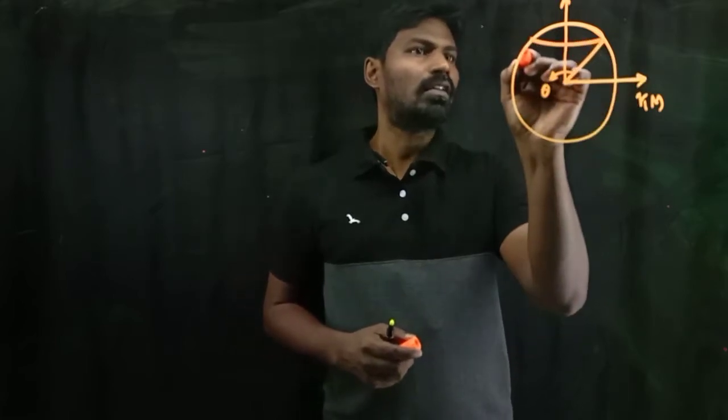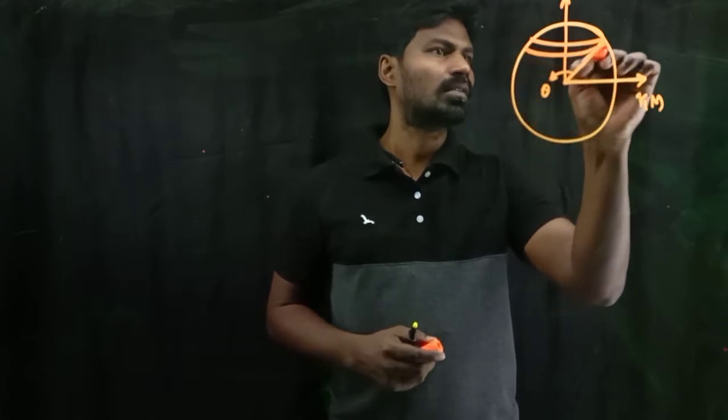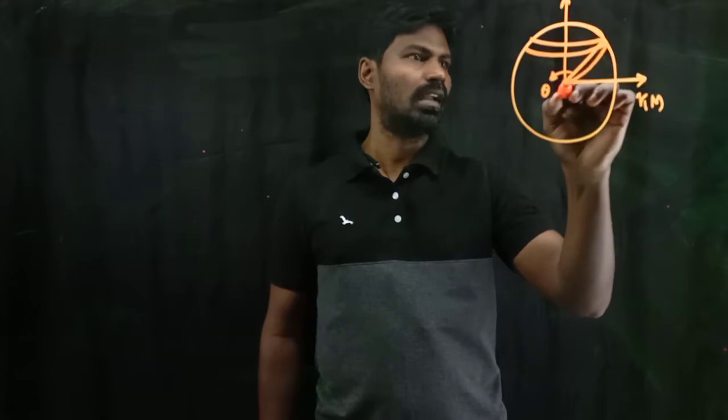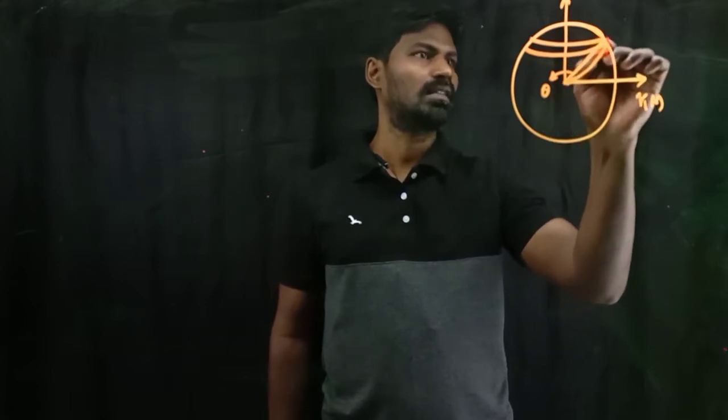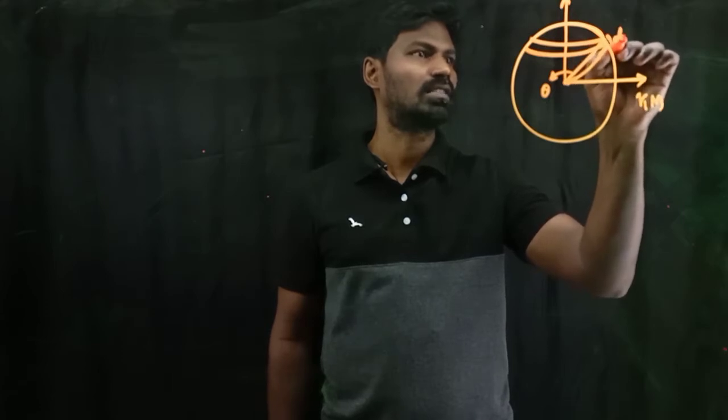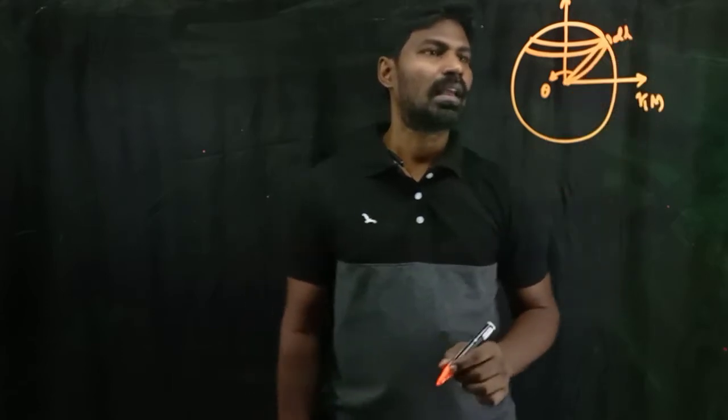An annular strip like this, a circular strip. The angle subtended by this strip, this length in this direction, that is the thickness of this strip, is dl. And what is the radius?